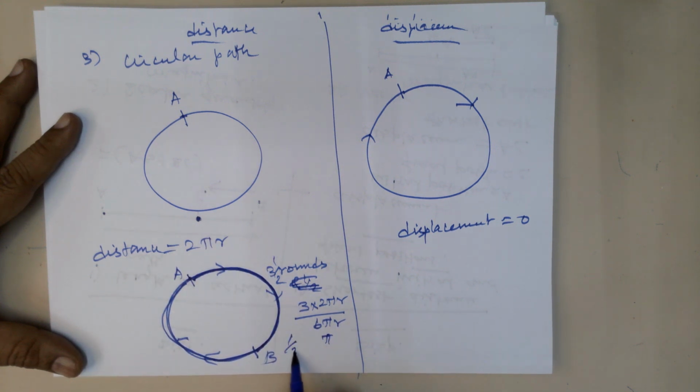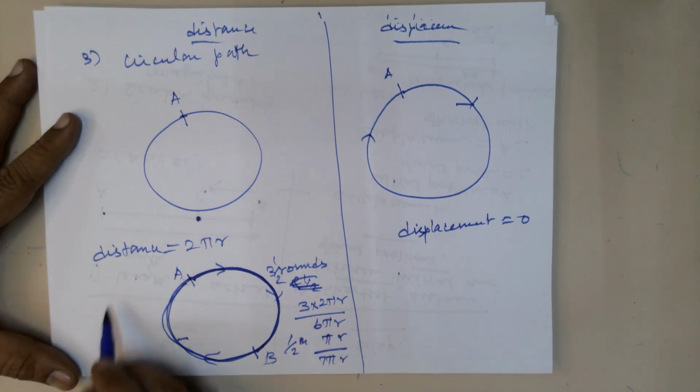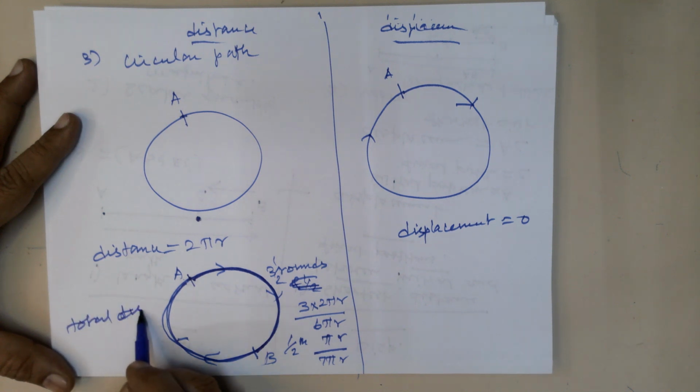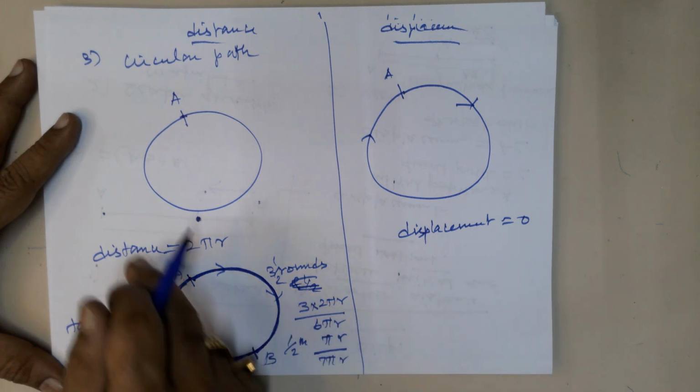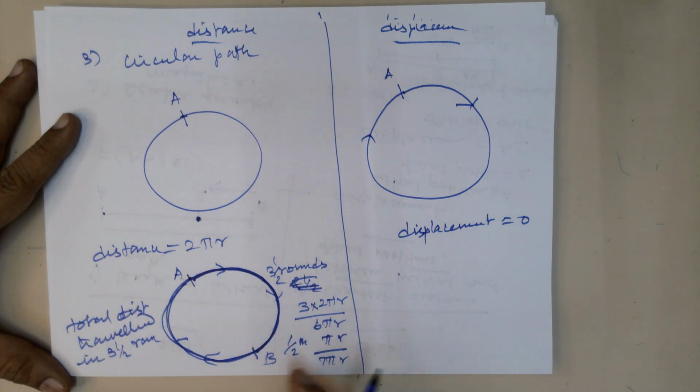So the total distance traveled in 3.5 rounds is 3 into 2 pi r plus half of 2 pi r, that is pi r. So totally 7 pi r, where r is the radius.